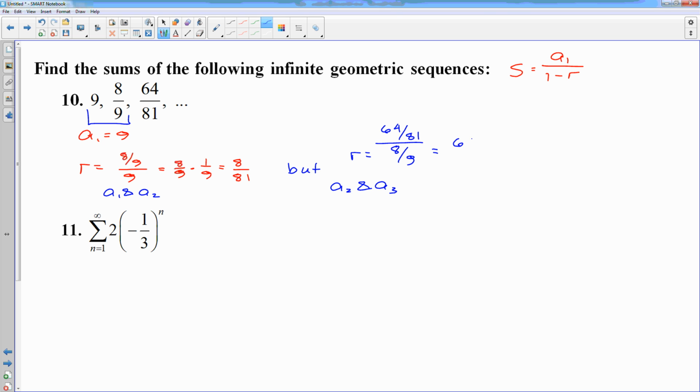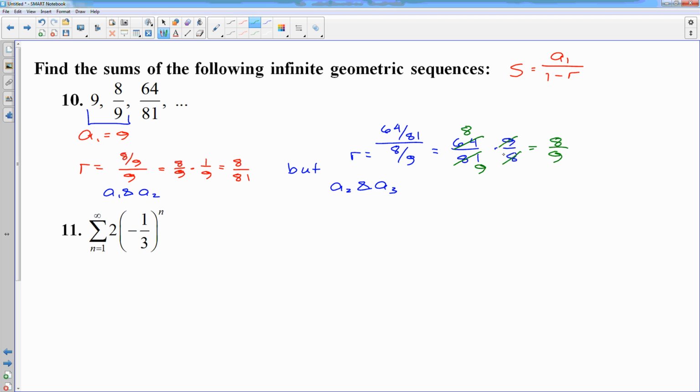When you multiply that by the reciprocal, 64 over 81 times 9 over 8, 9 goes into 81 9 times, and 8 goes into 64 8 times. You're simply left with a ratio of 8/9, which is what I intended the ratio to be.